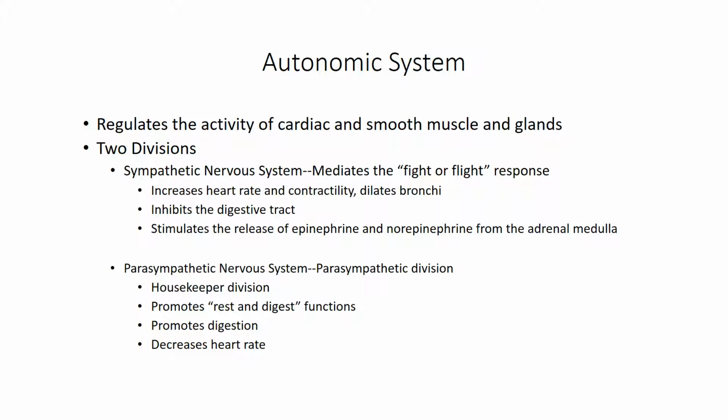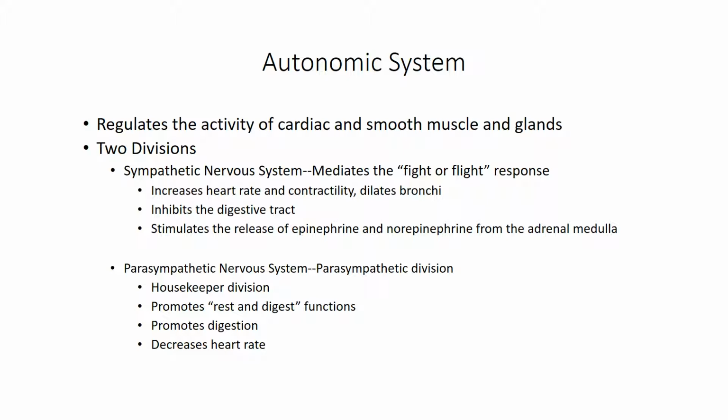Now, your autonomic nervous system, that's important for fight or flight. Your sympathetic nervous system, what that happens in times of great stress, when you're running from a bear, for instance.